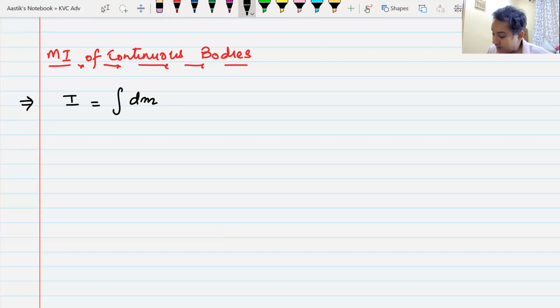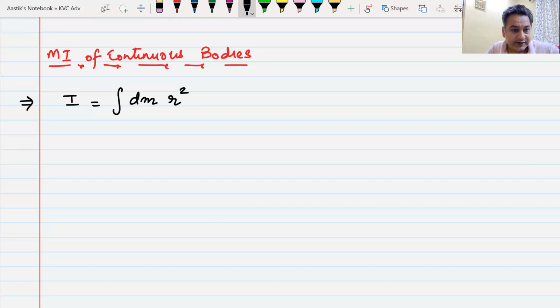Then you need to find the moment of inertia of those masses about your axis, and then you need to integrate or add all of those moments of inertia. You will get the moment of inertia of that body about that given axis. Do we understand this? Yes, sir.